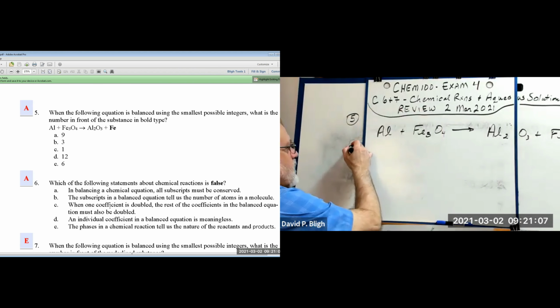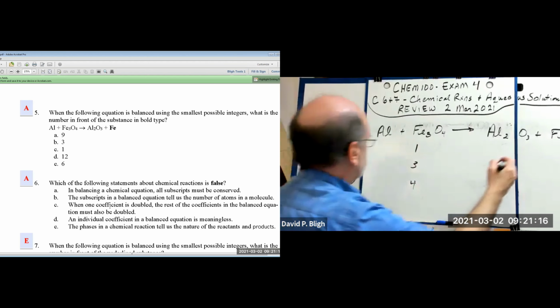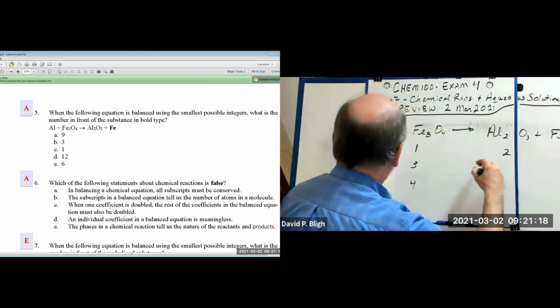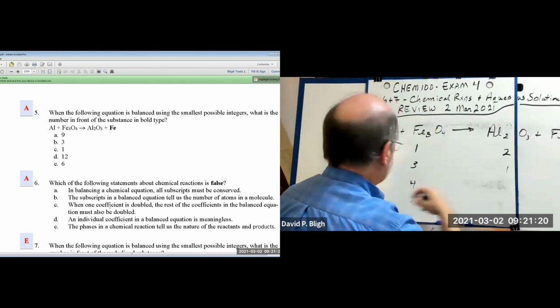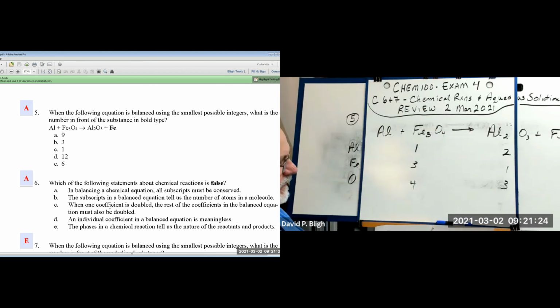Okay, so we've got aluminum, we've got iron, and we've got oxygen. We've got 1 aluminum, 3 iron, 4 oxygen. We've got 2 aluminum, 1 iron, and 3 oxygen. Okay, we've got aluminum as a free element on one side and iron as a free element on the other side.